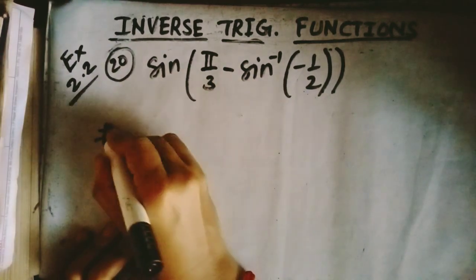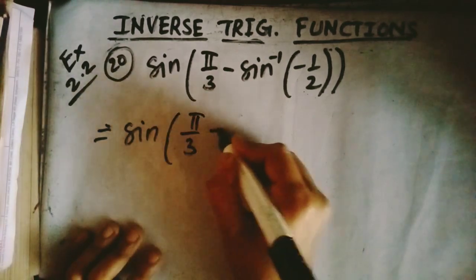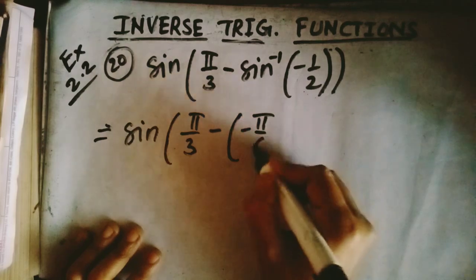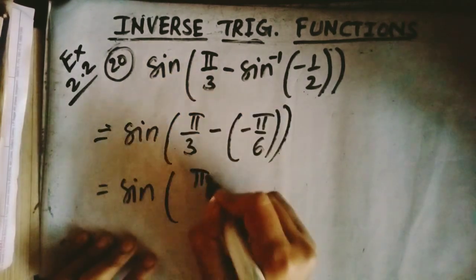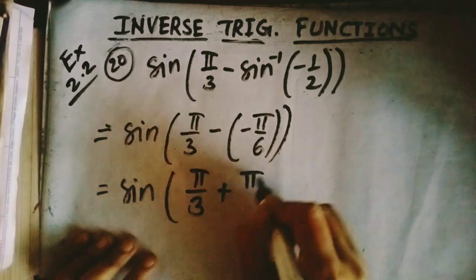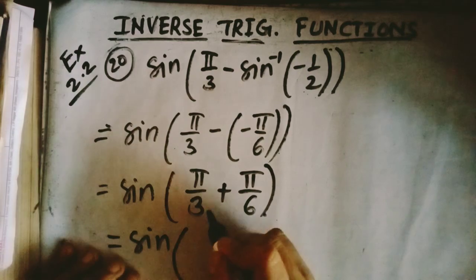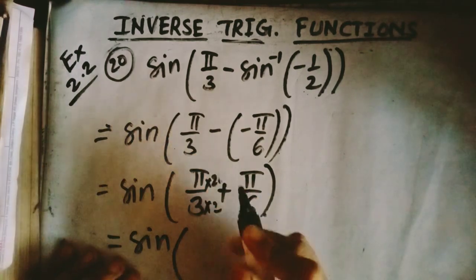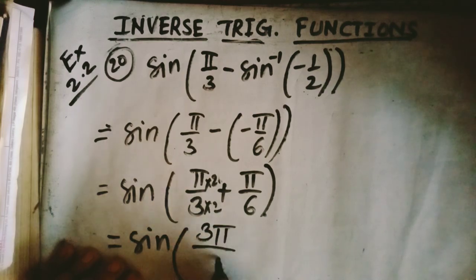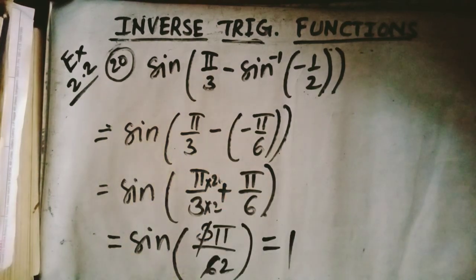So I'll directly write minus of minus pi by 6, so this will be plus pi by 6. So you'll get 2 pi plus pi, so 3 pi upon 6. So sine pi by 2 is 1. This is the answer.